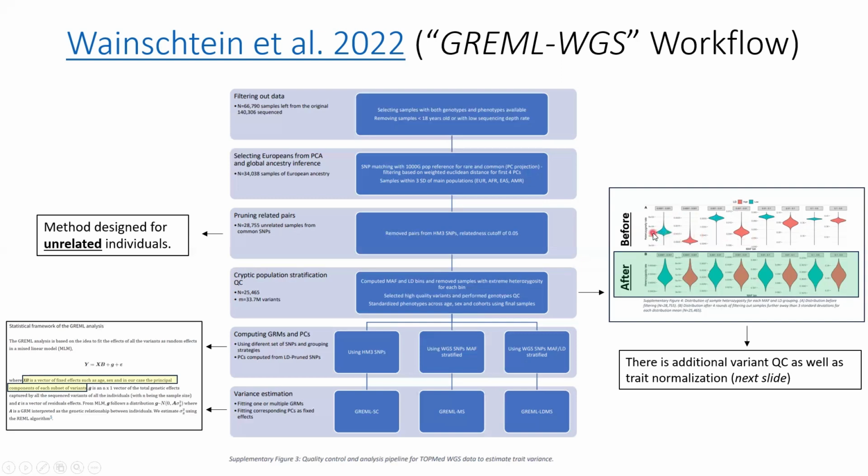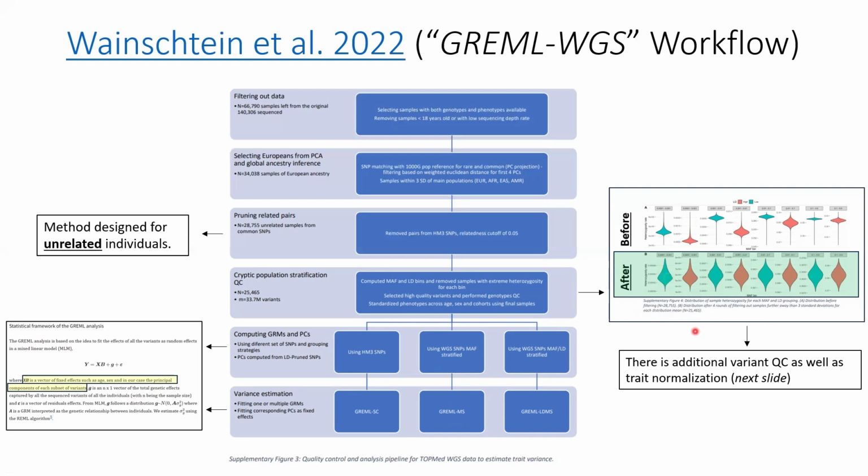And they also want to make sure that you have unrelated individuals. So what they do is remove any individuals that are contributing to the long tails. And that creates a distribution of heterozygosity that is roughly similar for all of the bins. And I believe there's also some extra QC being done to select variants by consideration.